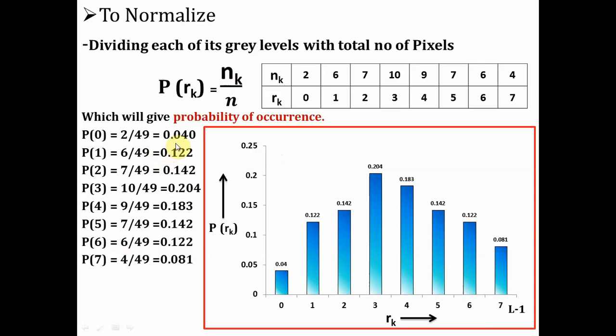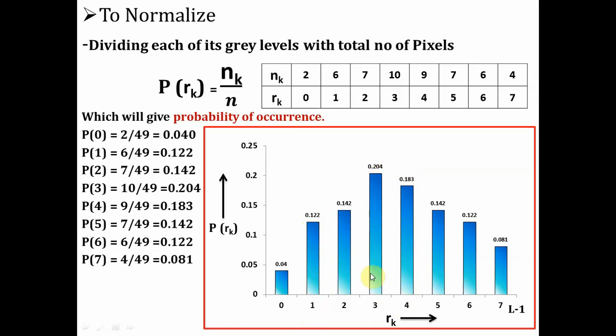That is the advantage, and this gives the probability of occurrence for that gray level. The probability of occurrence of gray level 1 in the image is 0.122. The probability of occurrence of gray level 3 is 0.204.